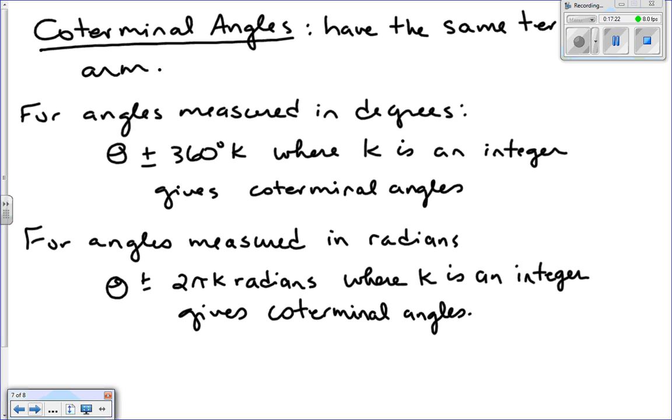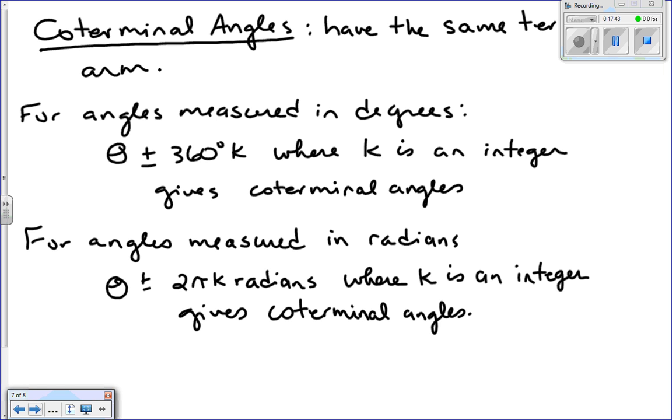So for angles measured in degrees, if you think about it, that means that if we start at an angle, we could go a full rotation more or a full rotation less multiple times and end up at the same spot. So for angles measured in degrees, theta, whatever the angle is, plus or minus 360 degrees times k, where k is an integer, gives us a coterminal angle.